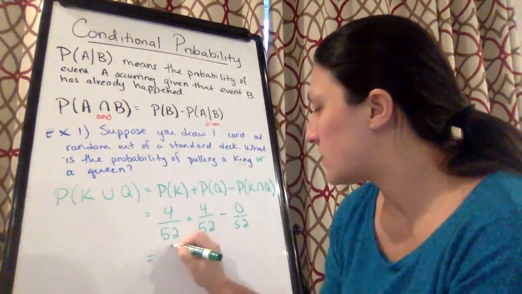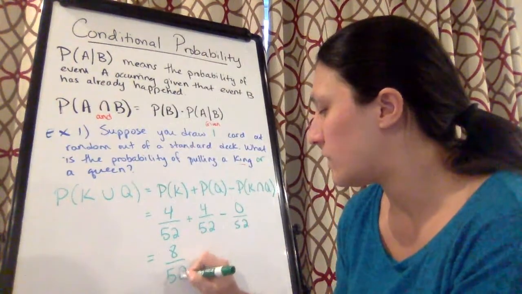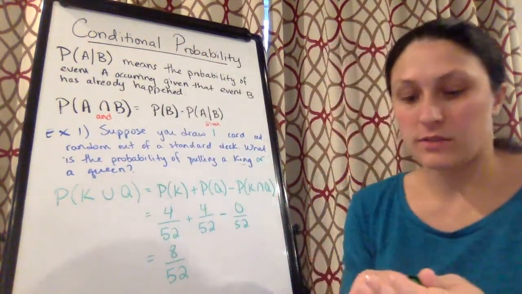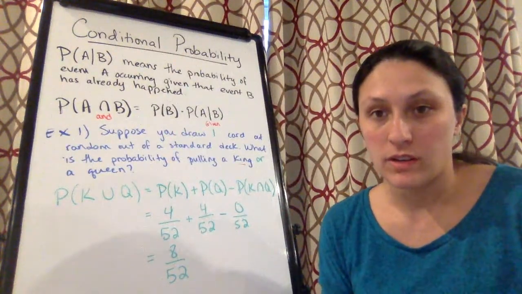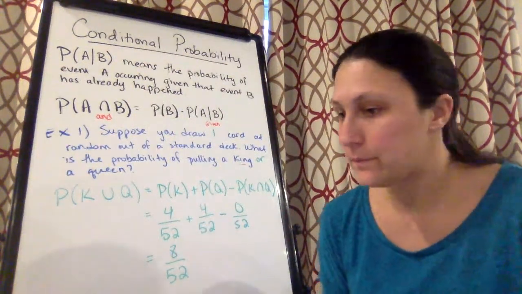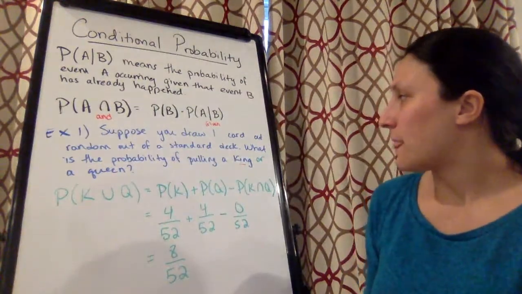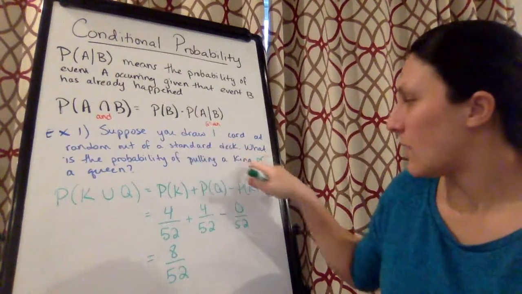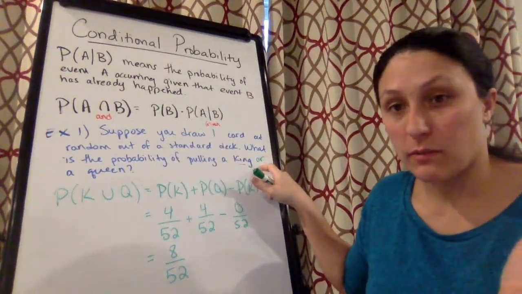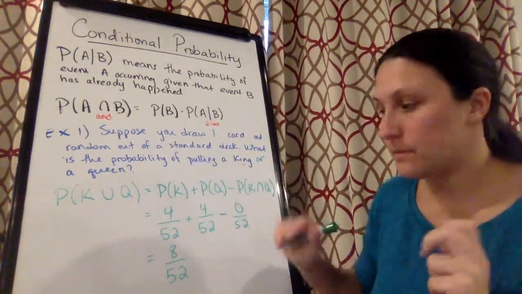So the answer to this disjunction is 8 out of 52. Compare that to the answer to the conditional probability, which was 16 over 2,652. Again, this is a disjunction because just one thing is happening, and we're asking what's the probability that one or the other happens.